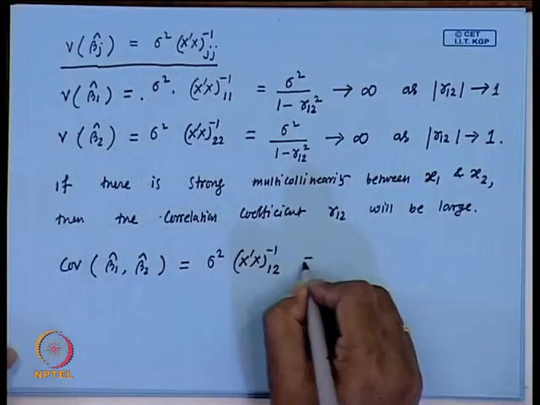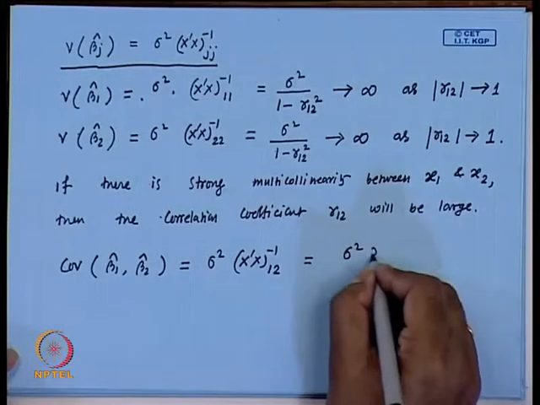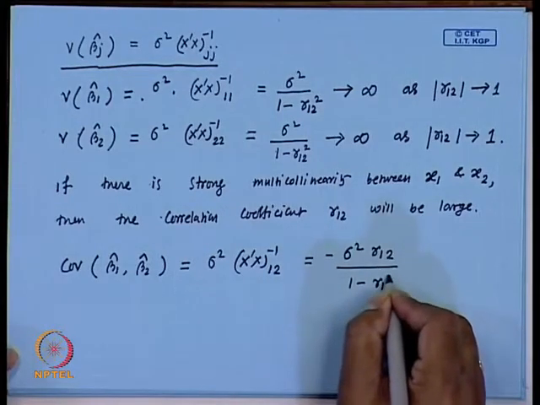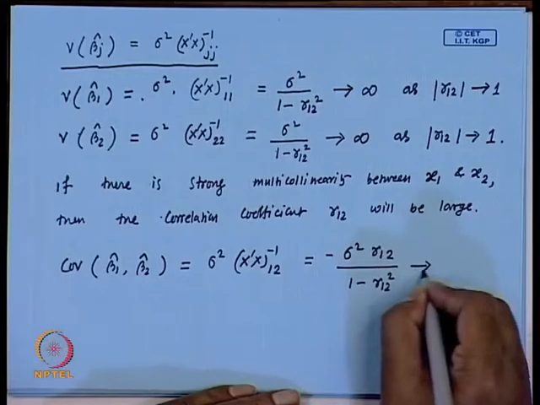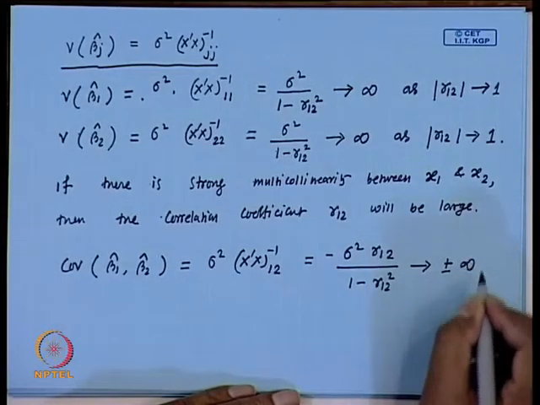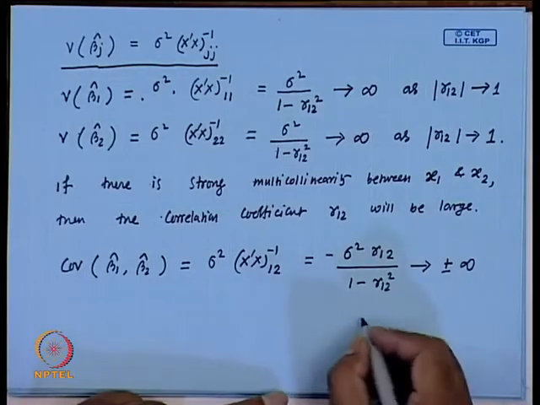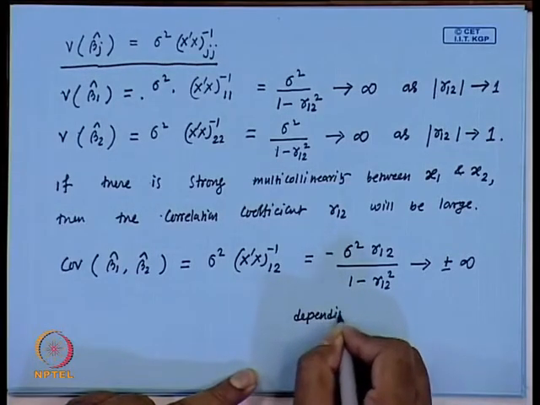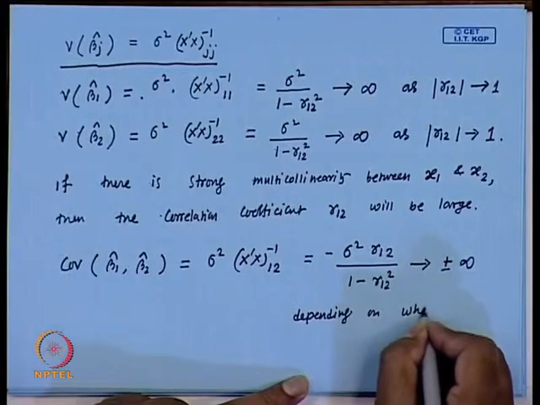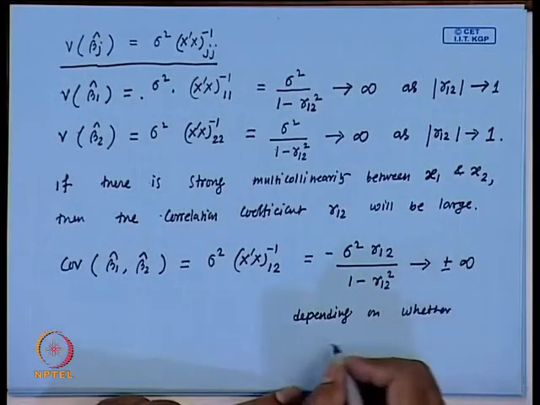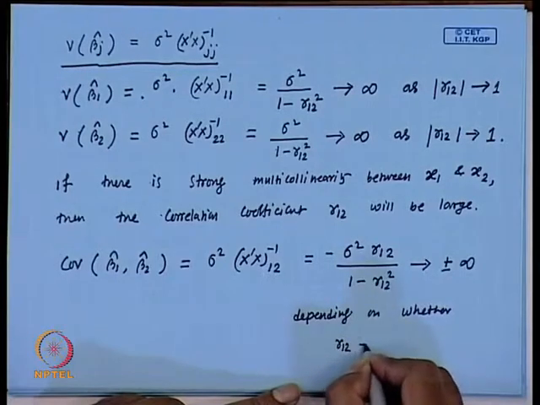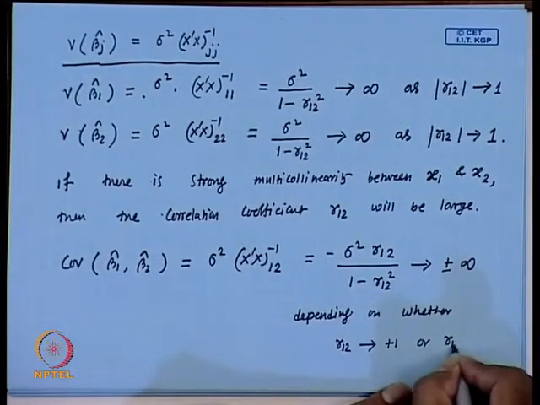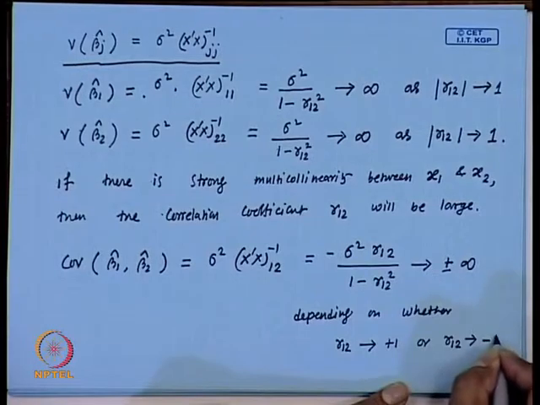So, this one is going to be sigma squared times minus r12 by 1 minus r12 squared, and this also tends to plus or minus infinity depending on whether r12 tends to +1 or -1.